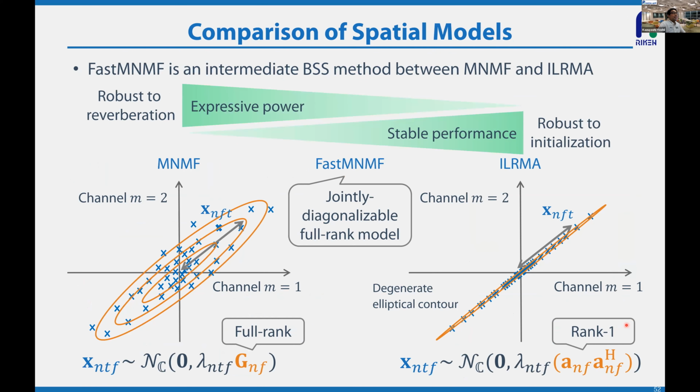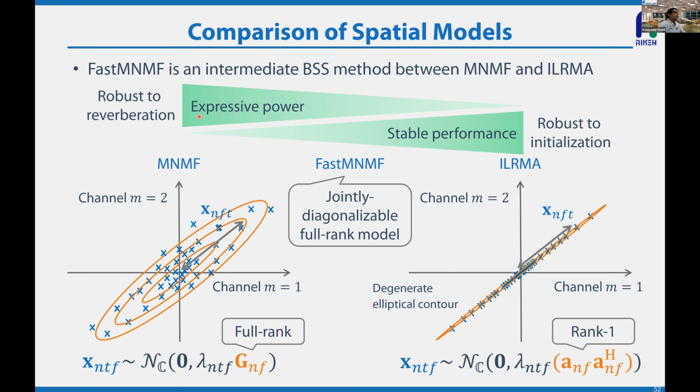Okay, so this is a comparison. Multi-channel NMF has no constraint. This means that the degree of freedom is the highest, so it has very high expressive power.